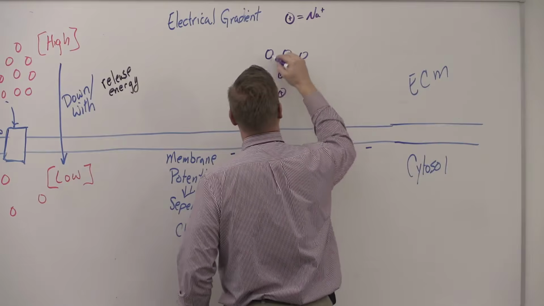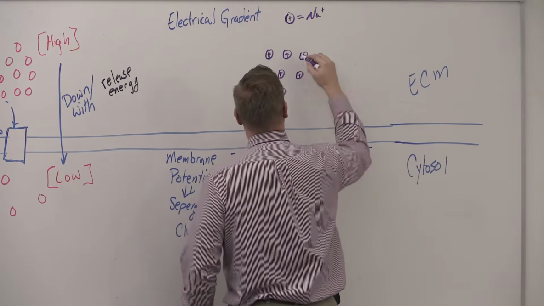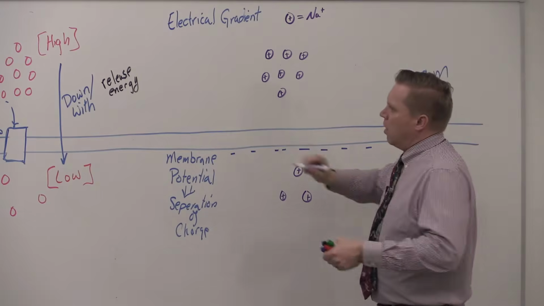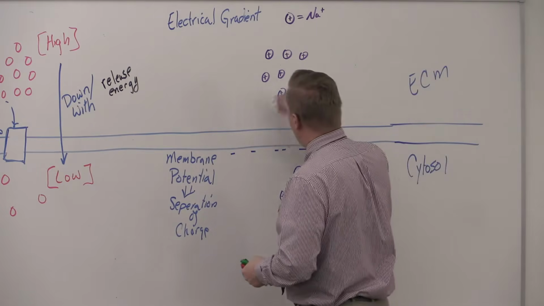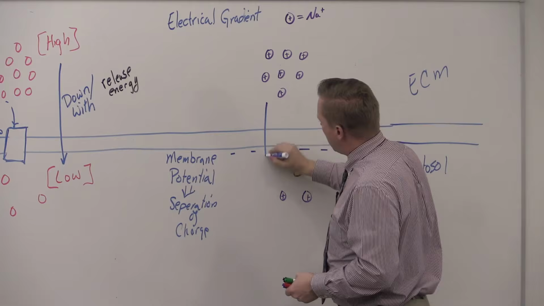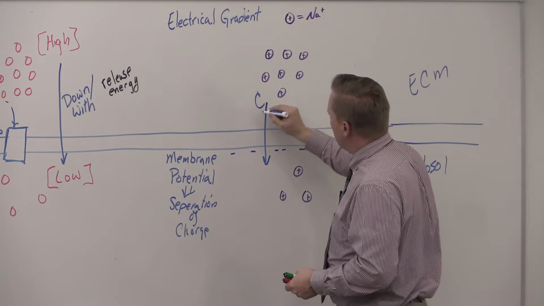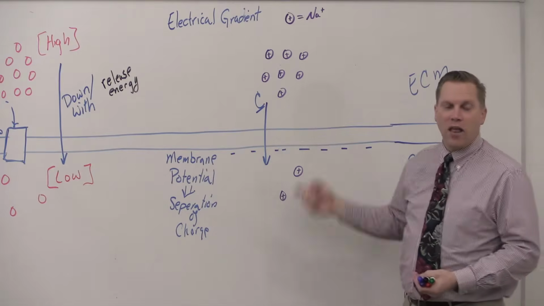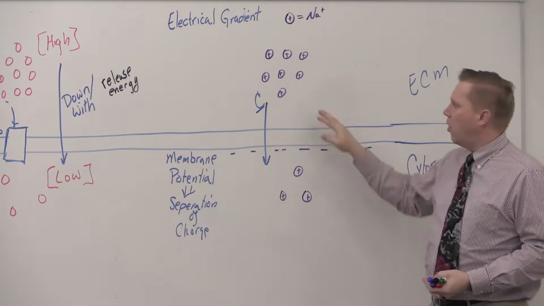So now we've got sodium ions up here. And what's going to happen? Well, as we drew over here, there is a concentration gradient, and so sodium ions are going to want to come in. We'll use that C to represent concentration. But there's another force at work here.